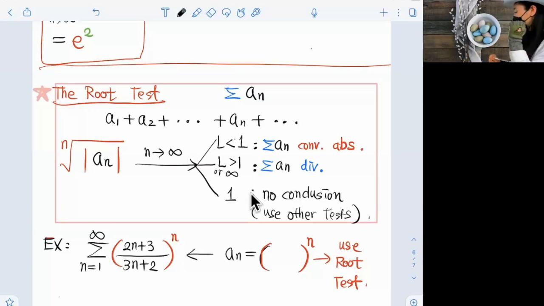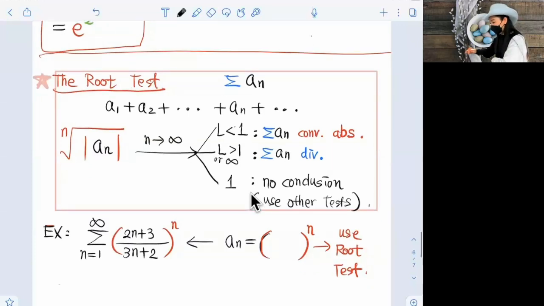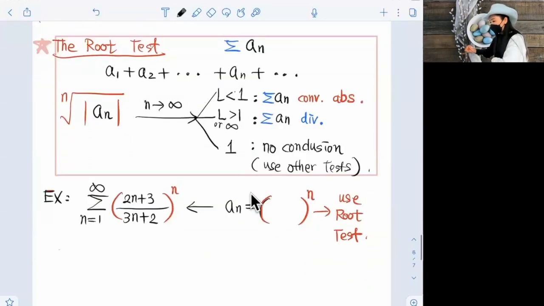How about we try to use it? Sometimes you ask, when do I know I use the root test? If I look at this series, how can I tell? So this one here, do you think you're going to use the root test?